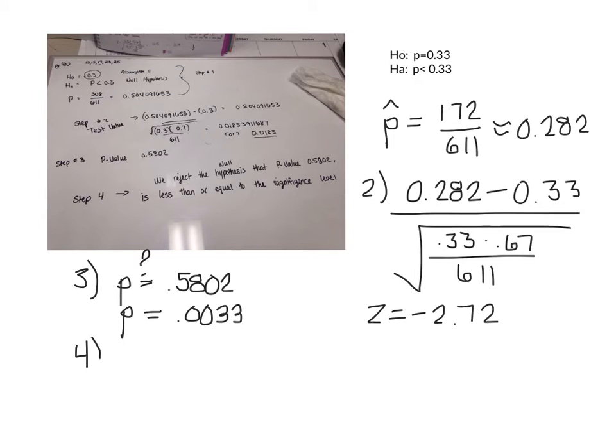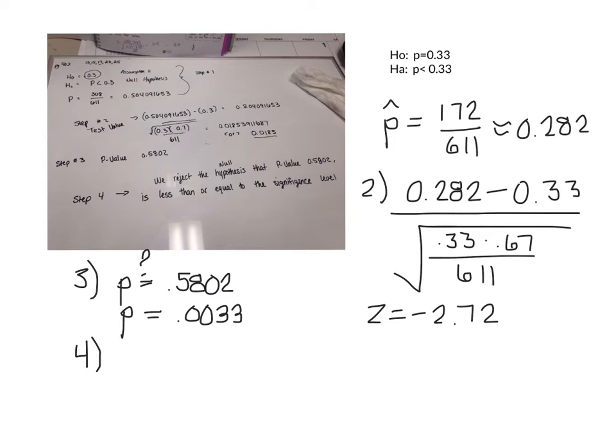So then in conclusion, remember I said today, when p is low, we reject the H0. With your p-value of 0.5802, p is not low, so you would not reject the H0.